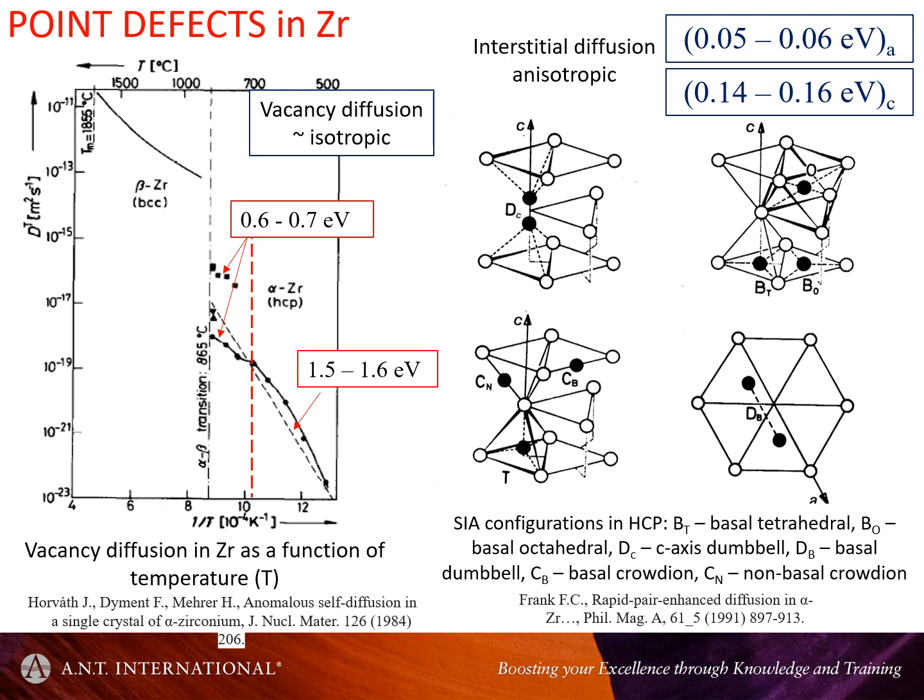The peculiarity with zirconium, unfortunately, is that it shows what's called anomalous diffusion. The results show that as we get to high temperatures, the migration energy, which is the slope of this curve, decreases compared to low temperatures.